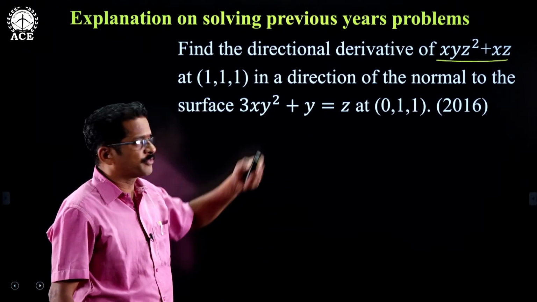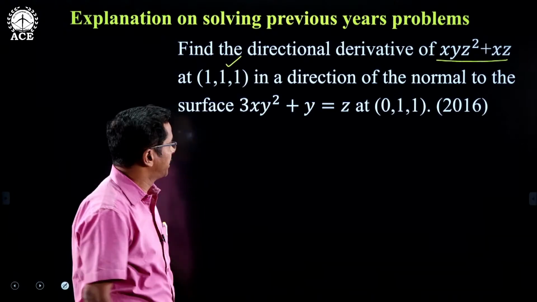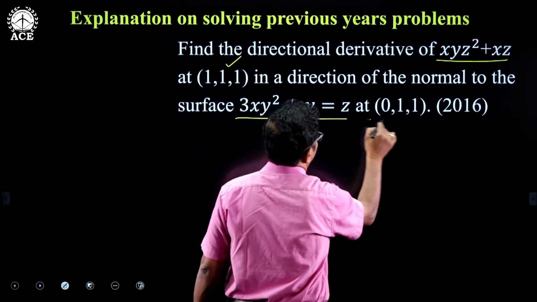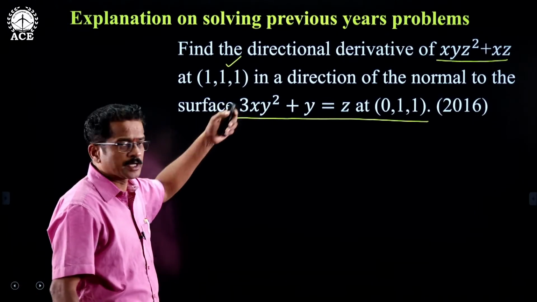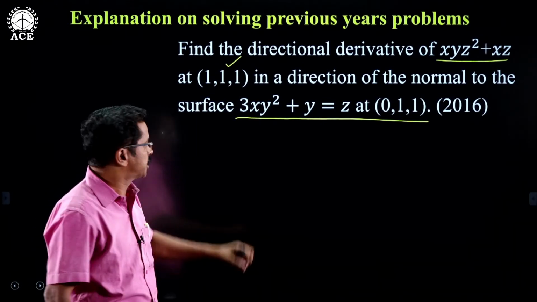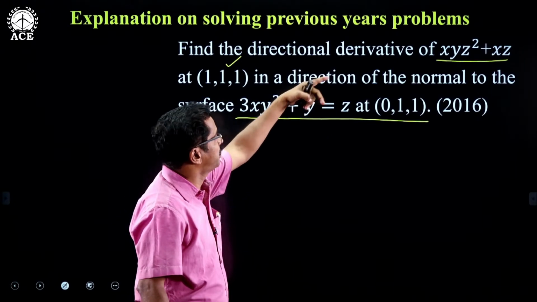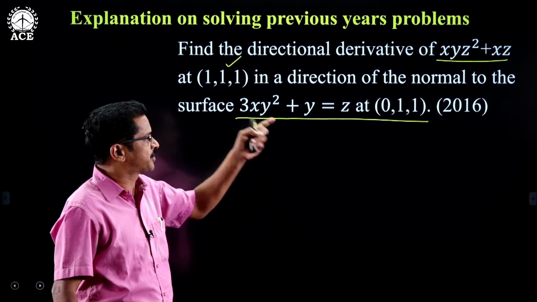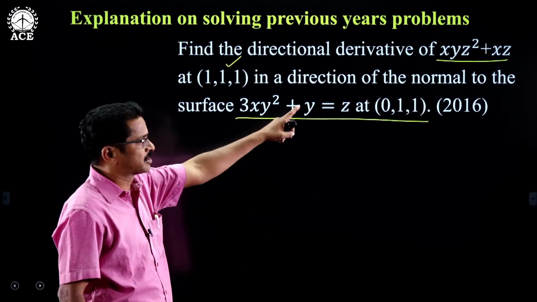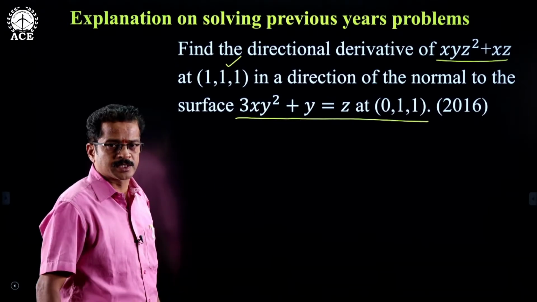What is the change of that function at this point, in the direction of the vector corresponding to the surface? With respect to the surface, how does the rate of change of the function happen? That is going to be discussed here.